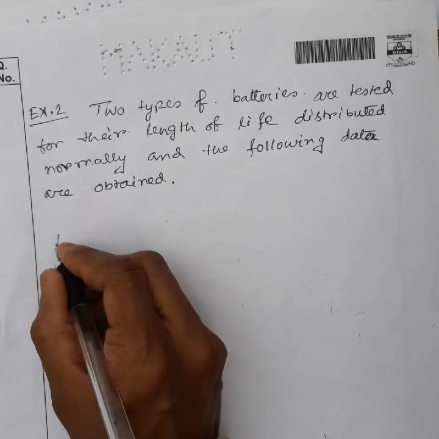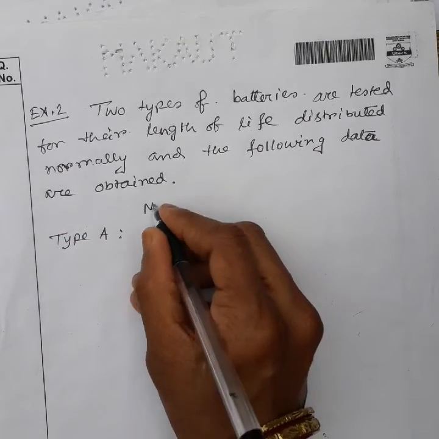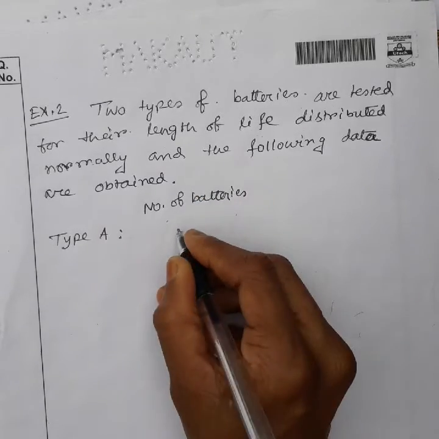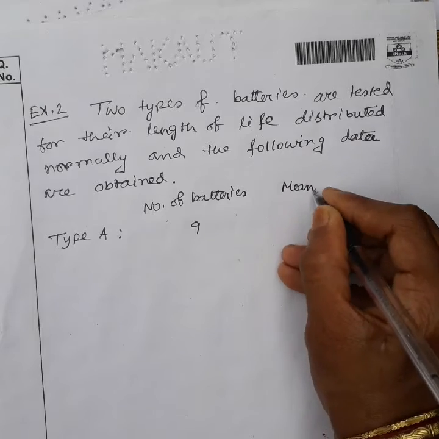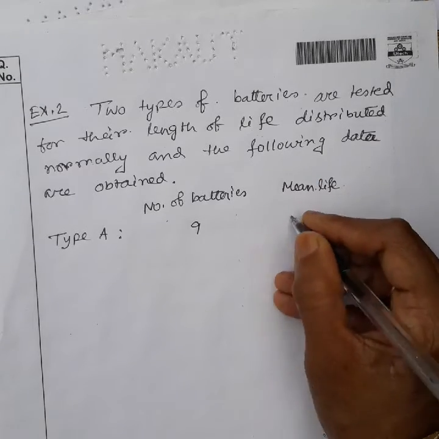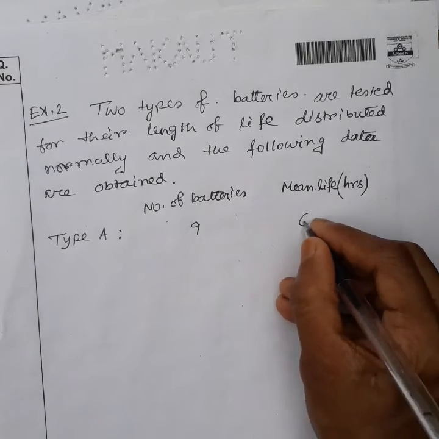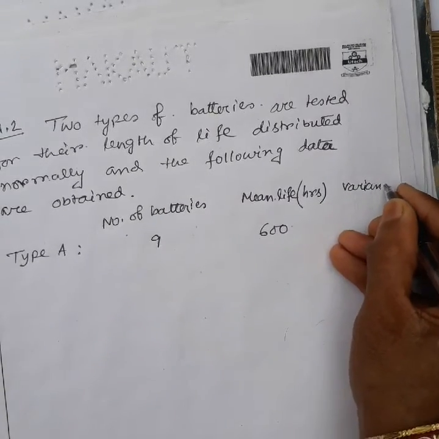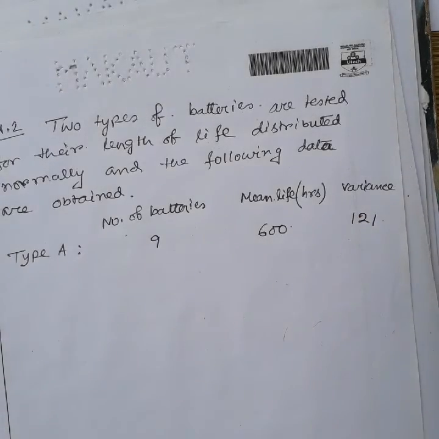Okay, for type A, number of batteries is 9, mean life in hours is 600, and variance is 121.